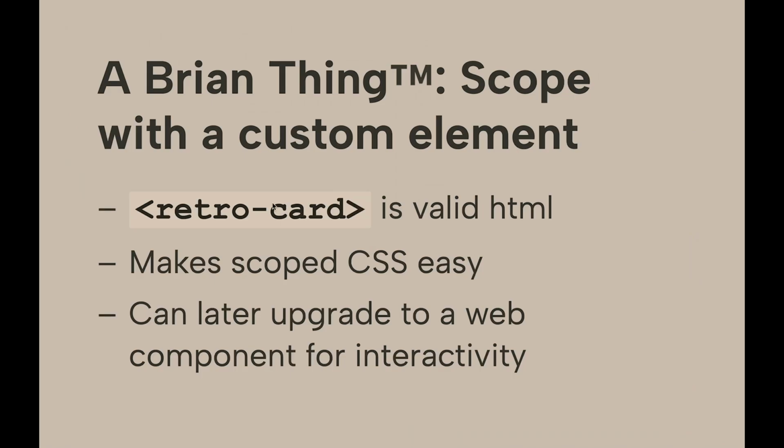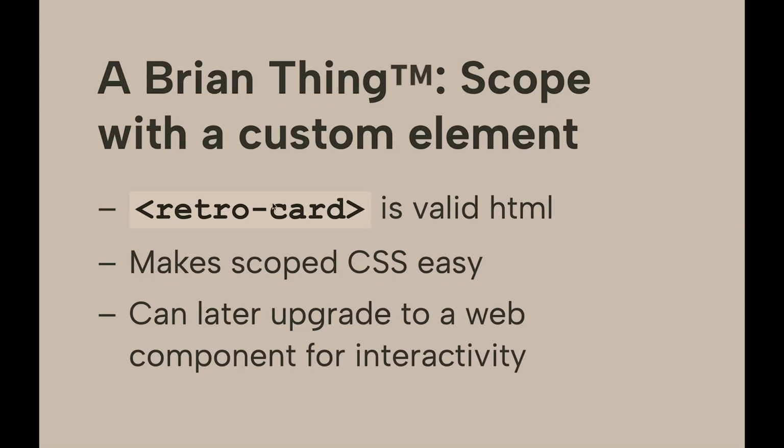And it turns out that a custom element, a custom tag like that, is just completely valid HTML. You might not think that you can just make up whatever tag name you want, but you certainly can, as long as it has that dash in it, so it doesn't conflict with any of the base HTML elements. And then as we'll see in a bit, that makes it really easy to scope your CSS rules to that element, because nobody else has a retro card element.